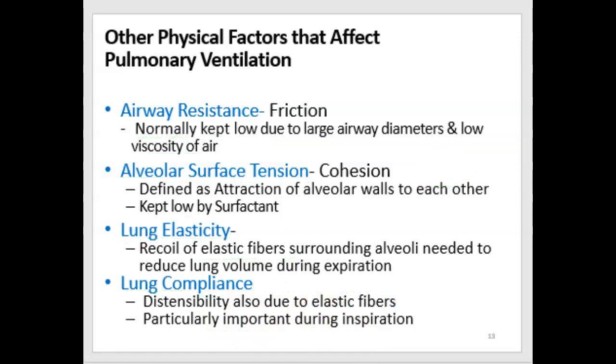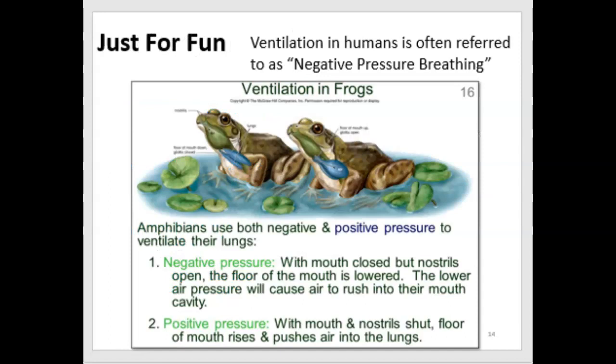So I wanted to do just one quick thing for fun here, and that is talk about how we as humans breathe compared to some amphibians. The ventilation or respiration in humans is often referred to as negative pressure breathing, and that is just referring to inhalation.